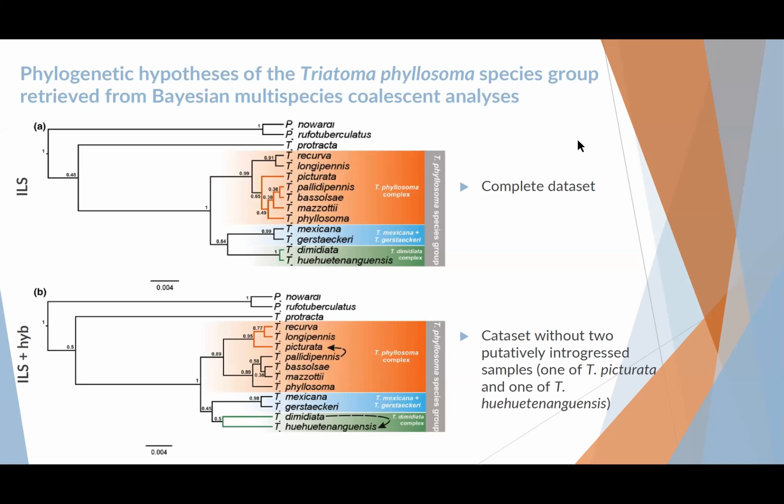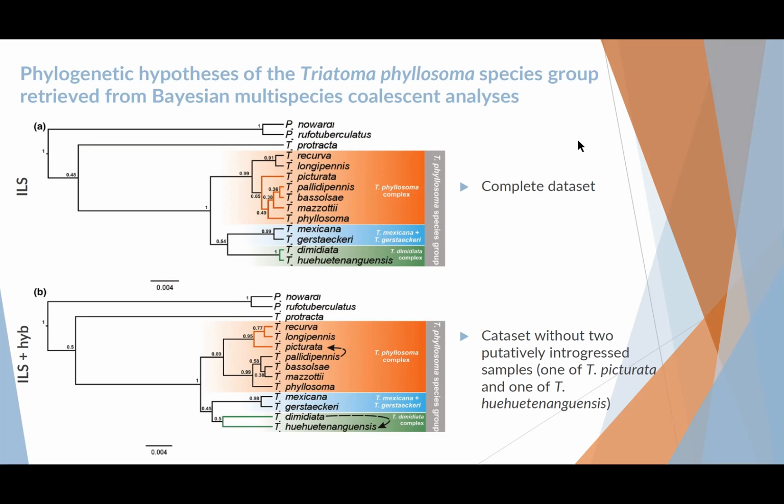Now we're going to retrieve these two hypotheses about the phylogeny of the Triatoma phyllosoma species group using Bayesian multispecies coalescence analysis. In the first case, I used the complete data set.